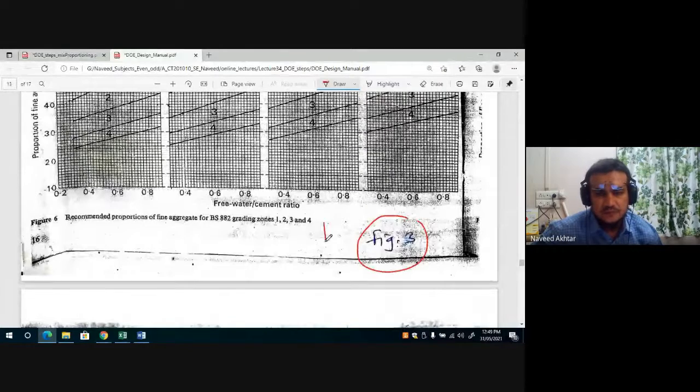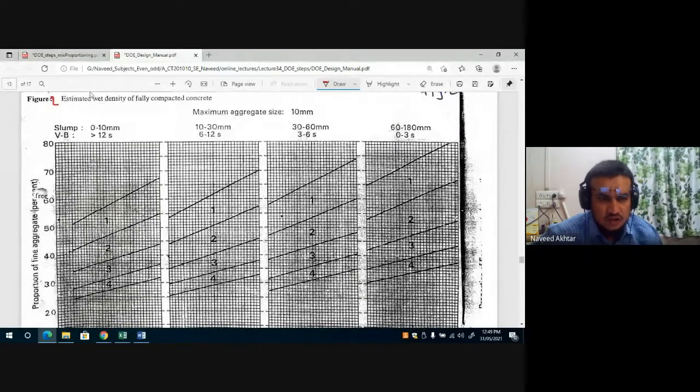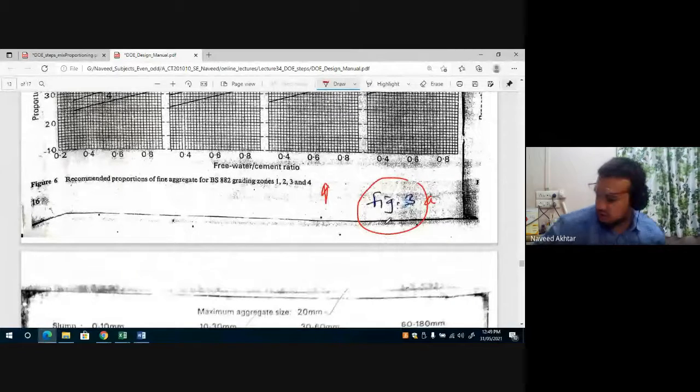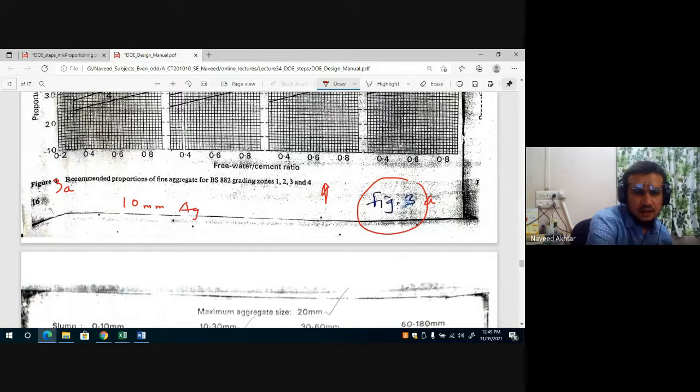The different figures are there in figure number 3, based on the slump. For 10 mm aggregate, this is figure number 3a. I will write this, figure number 3, for 10 mm aggregate, for different slump values.